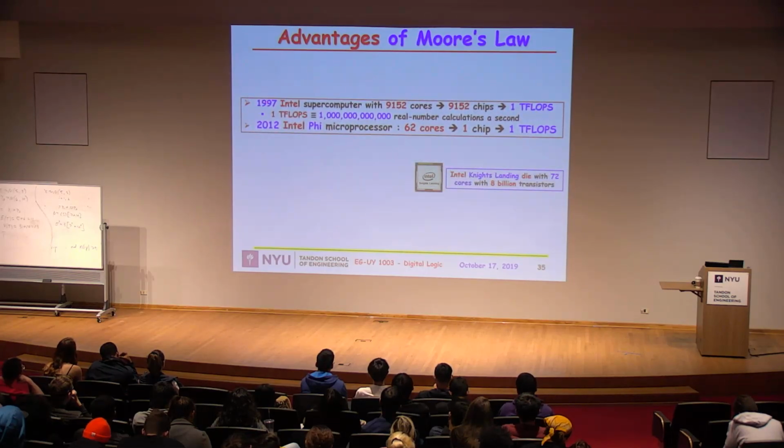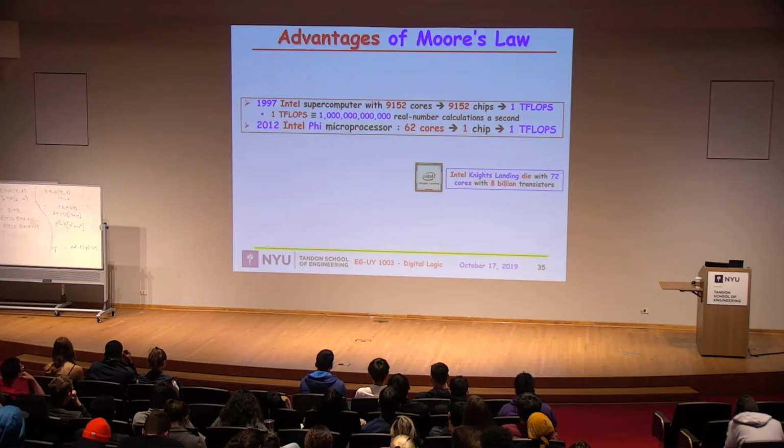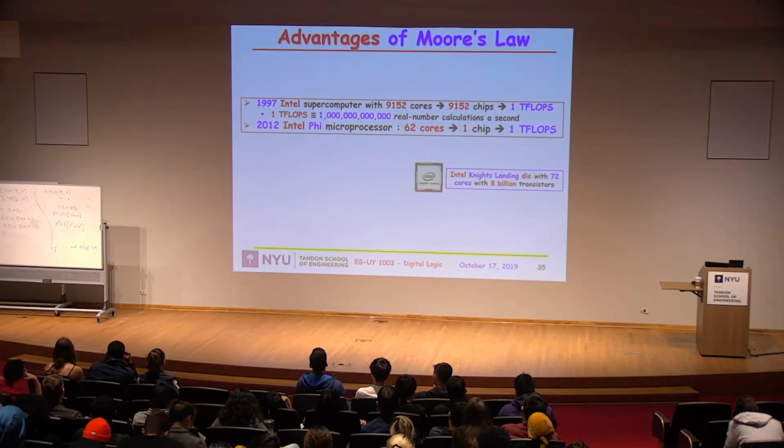In the 1990s, Intel was selling supercomputers. The top computer in the world back then used 9,000 chips to achieve 1 teraflops. But today, just one chip is enough to achieve 1 teraflops. So this supercomputer occupied an area like this auditorium. But today, it is your desktop. It is your desktop. And this trend continues.